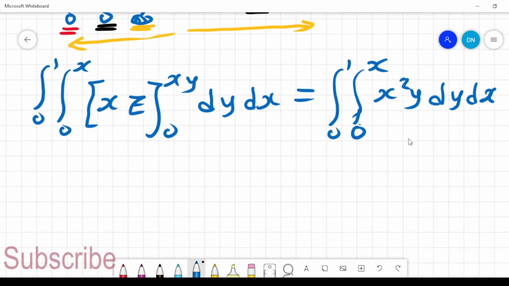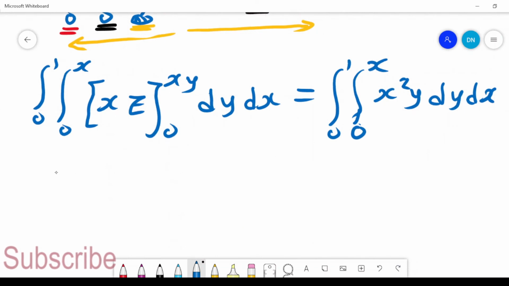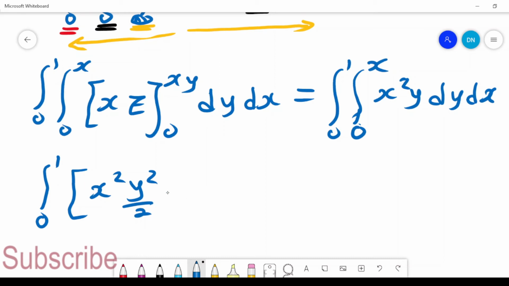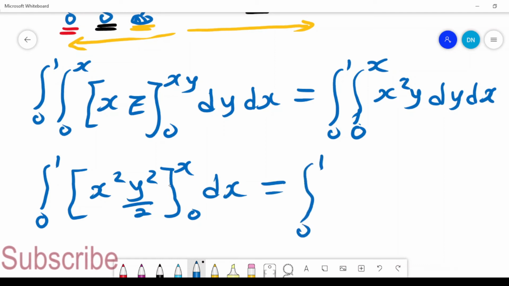The next step now, I integrate with respect to y, so it will be from 0 to 1, x squared y squared over 2, and then 0 to x, dx. Where there is y, I substitute with x, so it will be x squared times x squared over 2 dx.